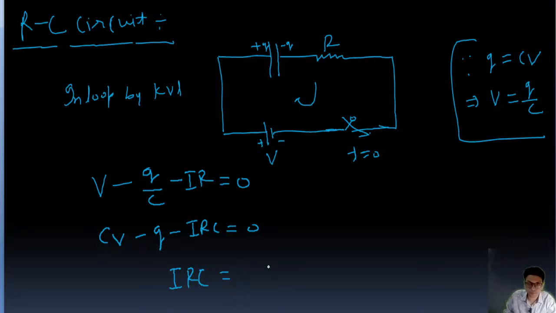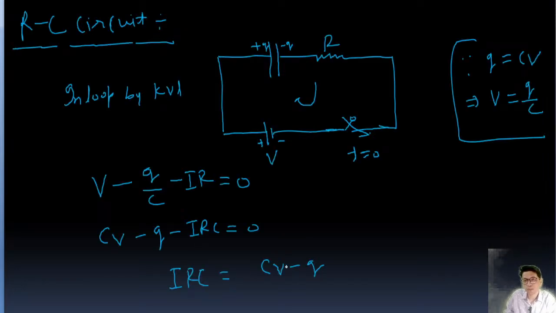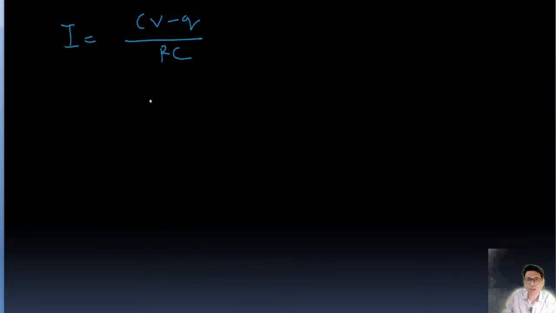So from here IRC is equal to CV minus Q, and then we can get the value of the current I. I is going to be CV minus Q upon RC. This is the value of I. Now we know I equal to dq upon dt, charge per unit time, right?